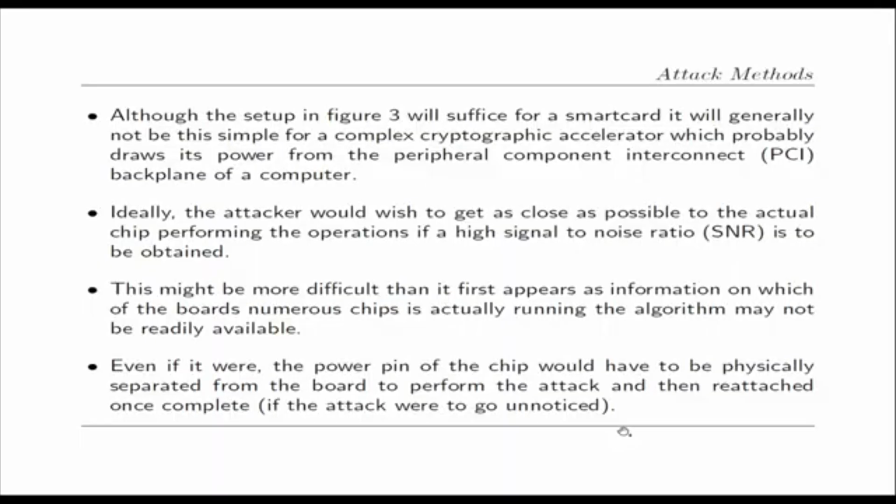Although the design we have seen will suffice for a smart card, it will generally not be this simple for complex cryptographic algorithms, which probably draw power from the peripheral component interconnect, PCI. So, we need a more complicated design to get the power fluctuation.